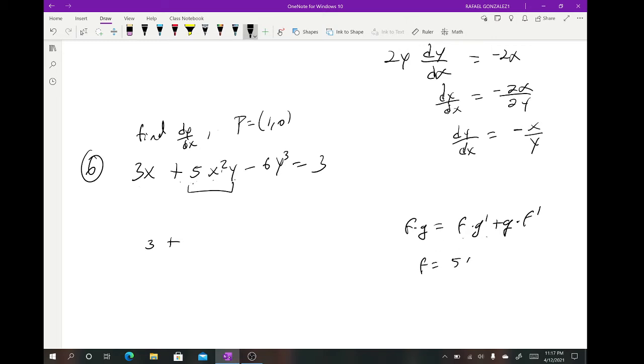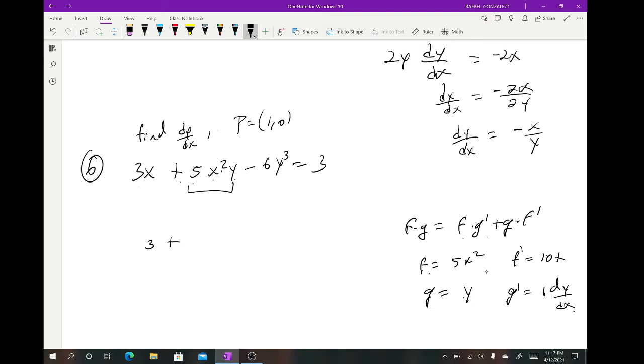Let's say f is equal to 5x squared. Let's say g is equal to y. Then f prime is equal to 10x. And then g prime is equal to 1 dy/dx, because the derivative of y is just 1, but because we're taking the derivative with respect to x, we're going to write dy/dx. Alright, so here there's no confusion.